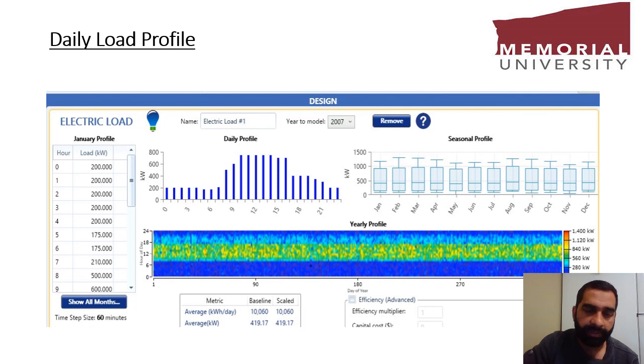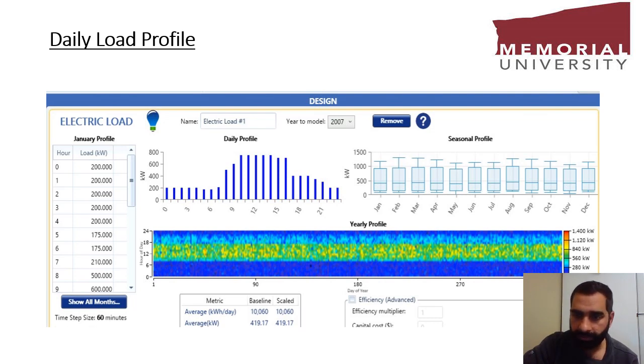Here we have daily load profile in the HOMER Pro. So we can see here during the daytime, when the institutional activities are going on, we have the maximum load, which is around 750 kilowatt, and during the night time it is around 200 kilowatt.